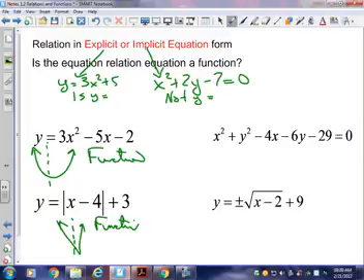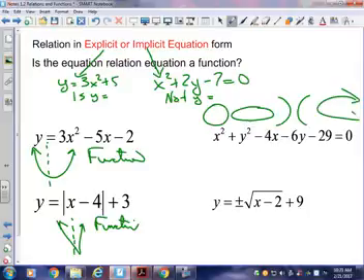Because when you square x and y, it's going to make some kind of conic. It could be a circle, it could be an ellipse, it could be a hyperbola, or it could be a parabola that opens to the left or the right instead of up or down. Not one of those passes a vertical line test. And every one of those would have a y squared in it. So y squared makes it not a function.